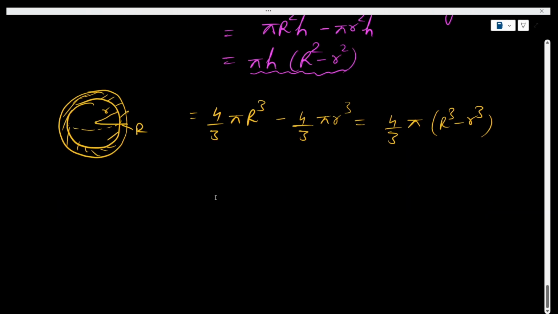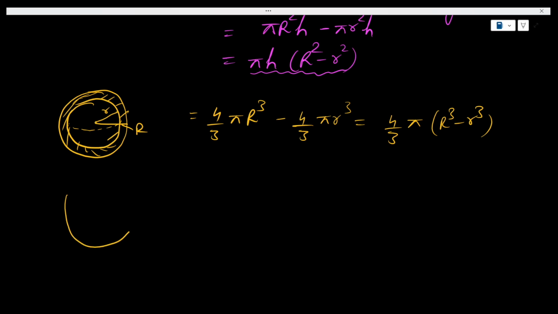Similarly, you will have it for a hemisphere also. If there is some thickness of this hemisphere, then again, to find how much material is used in this thickness, you have inner radius r and outer radius capital R.